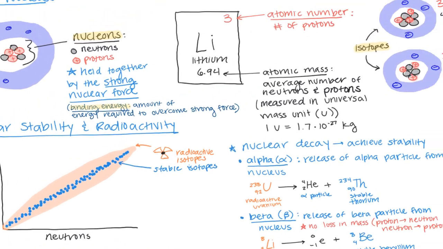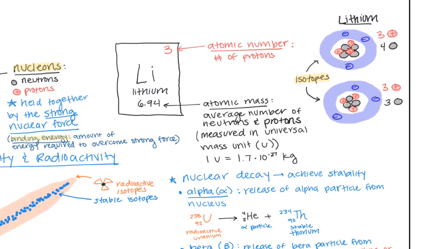So, for example, lithium, seeing how it's 6.94, that's closer to an atomic mass of 7, meaning that it tends to favor this particular isotope up top here, instead of the isotope that includes 3 neutrons.